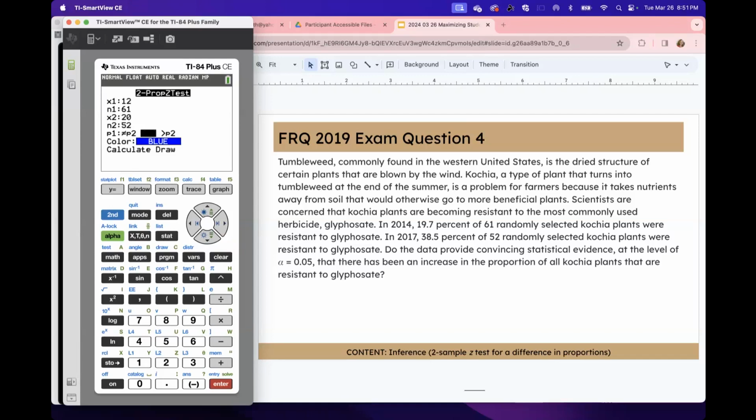I want to show you this part because this is really the focus of this question. The calculator gives the students everything they need for the mechanics of the problem. So every student could write down that z-test statistic and that p-value and name 2 prop z-test.